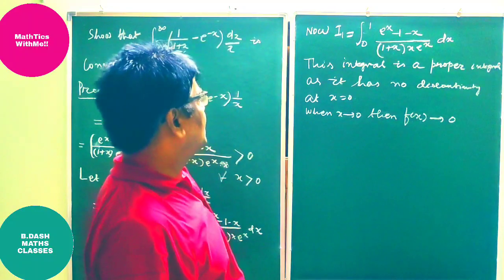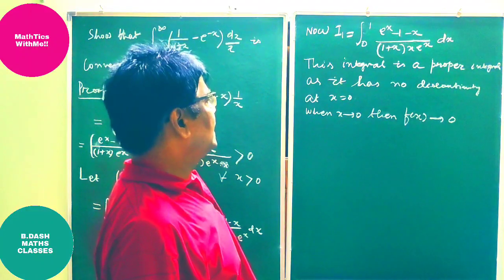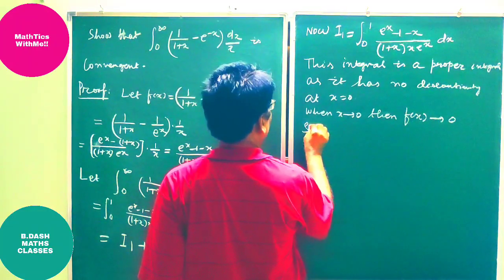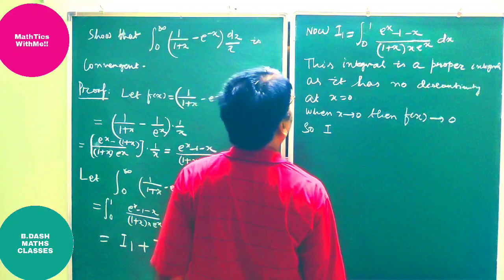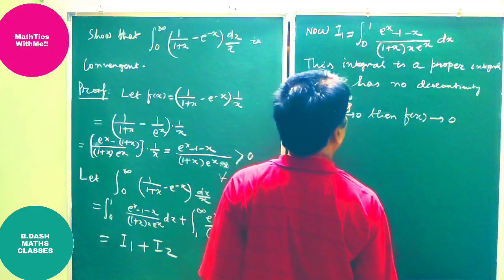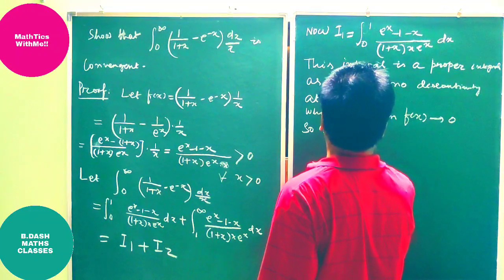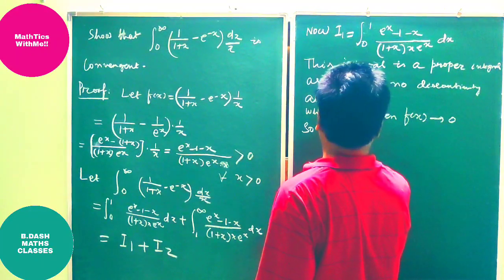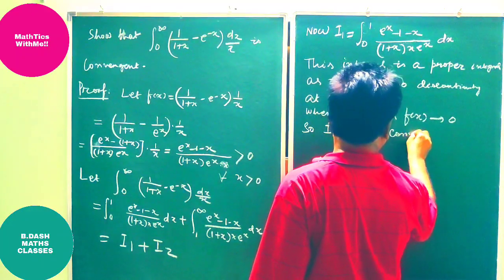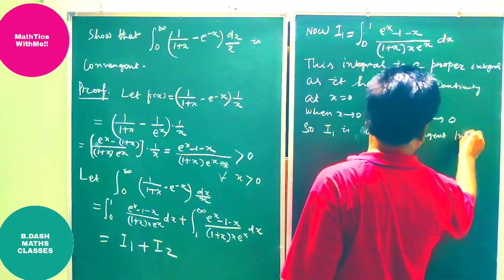So the integral is a proper integral. It has no discontinuity at x is equal to 0. When x tends to 0, then f of x tends to 0. So I1 is a convergent integral.